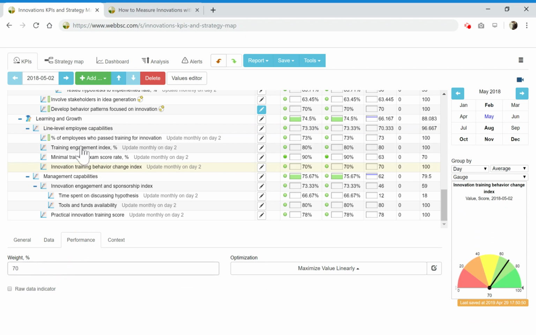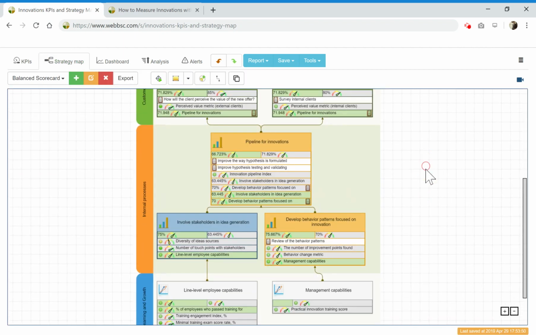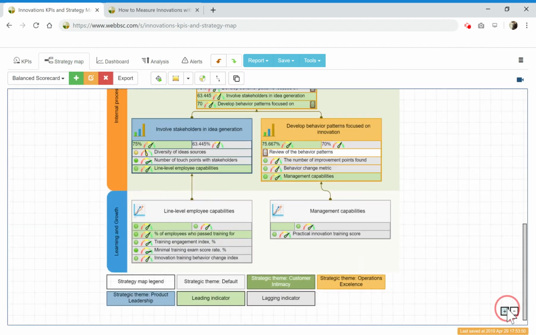So I think the engagement is important, but I would give the weight 10%. The training exam score is important, but 20%. But what is really important is if your team actually changes the way they behave. Okay, so here we have it.